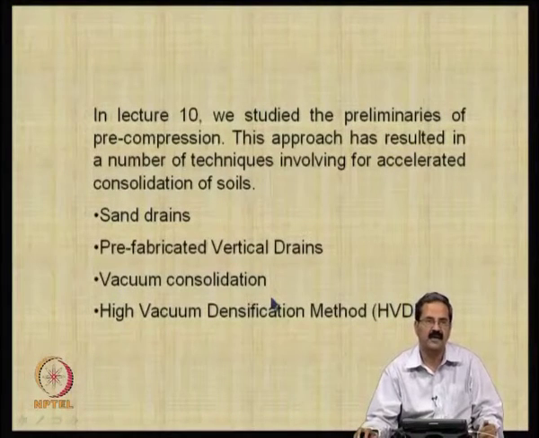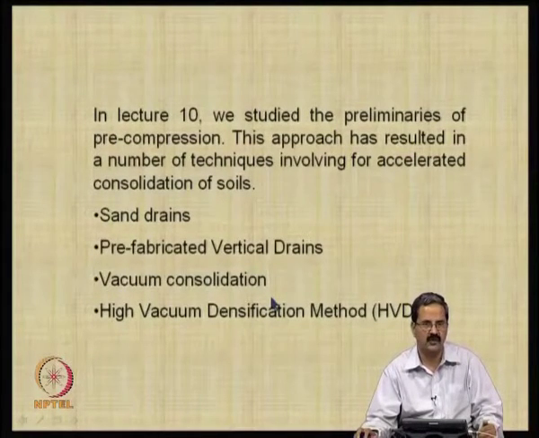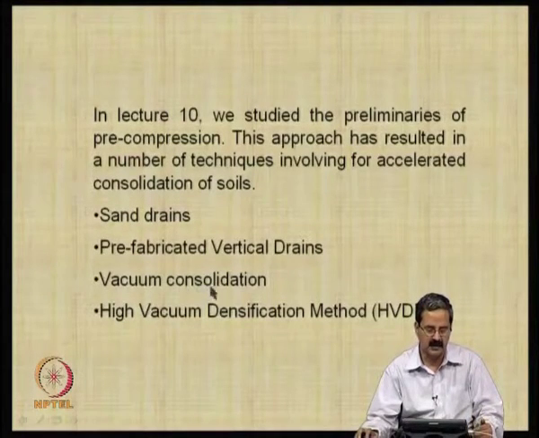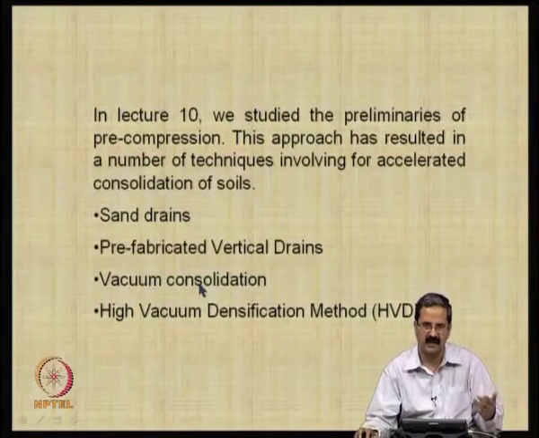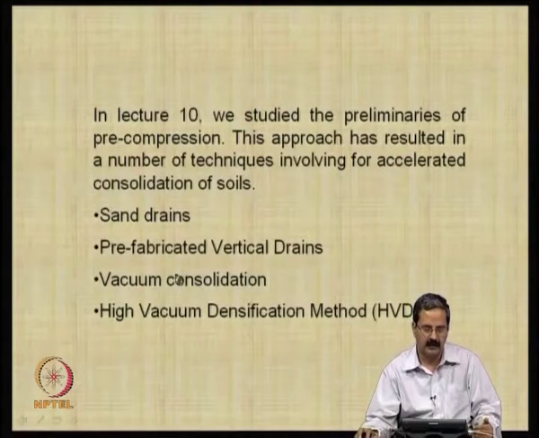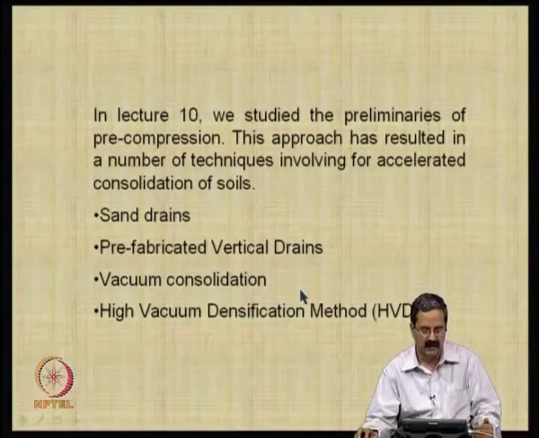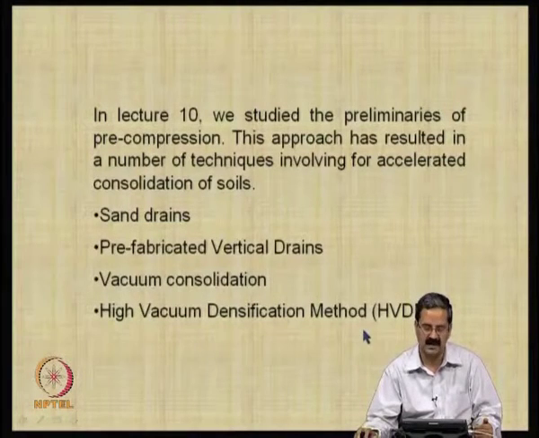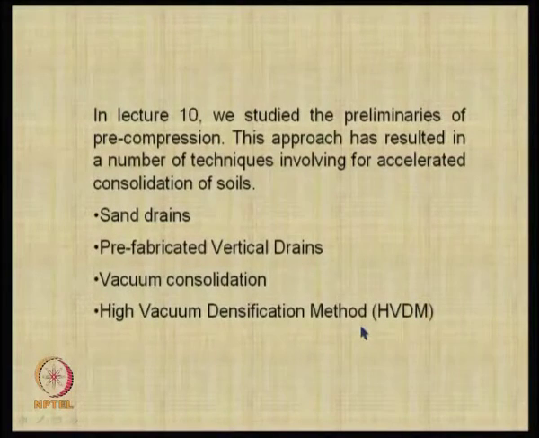We are supposed to construct 4 to 5 meters of embankment, but there is a possibility that, if you need to construct that much height, it is okay, but the preload can be reduced even using vacuum. You will see its advantages also. There is another method called the high vacuum densification method, which has come just about in the past 2 years. Chinese have discovered that, and they find it is very effective compared to many of the other methods also.